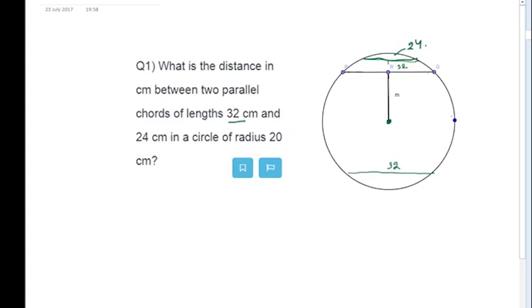These two chords are parallel, so I can join this one also. So this is 90 degrees, this is 90 degrees, and it's dividing it into two. So if the chord is of 32 length, this side will have 16, this side will have 16. And the same way, if the chord is of 24 length, we'll have 12 on this side and 12 on this side. We need to find this length in between. How much is this particular length? Let me zoom in a bit.